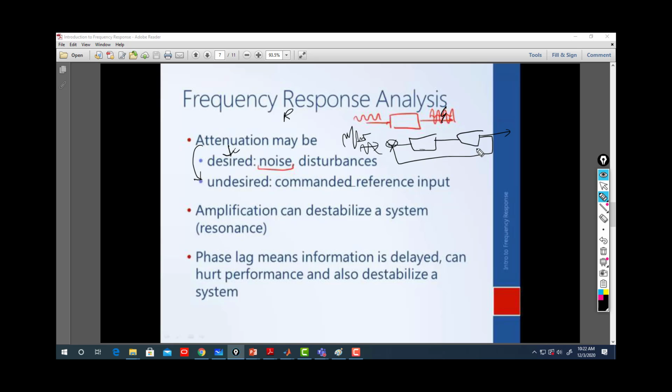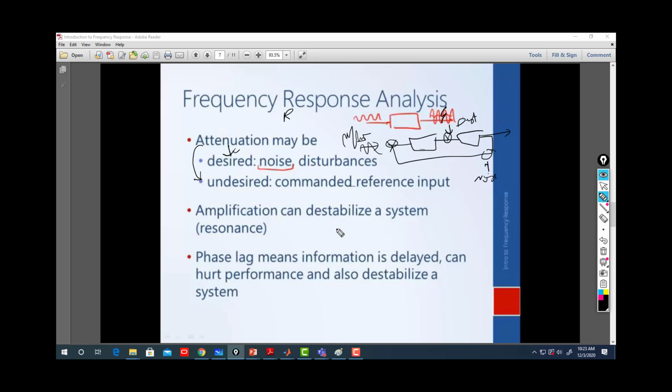But if it is noise on the sensor or a disturbance, then you desire to attenuate them. By working in frequency response, you'll be able to control those signals and to know where to attenuate, what to attenuate, and what not. Amplification can destabilize a system.